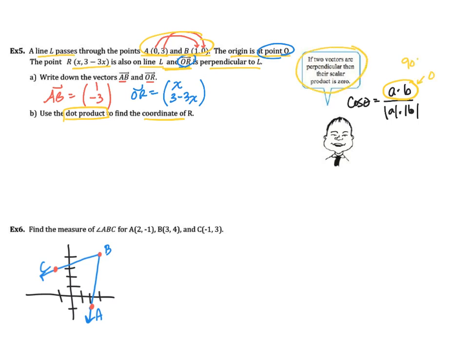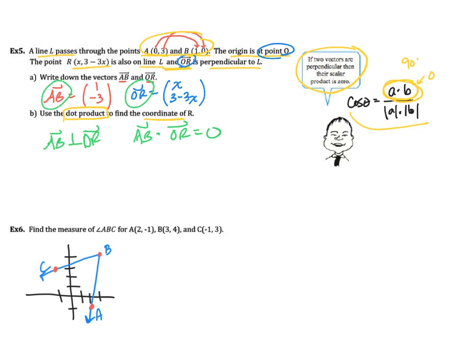So if two vectors are perpendicular, then their scalar product, which is this numerator in the formula we just did on the previous example, has to be 0. So that is saying that if we multiply vector AB and OR, then they must be equal to 0. So in order for these to be perpendicular, AB times OR should equal 0.